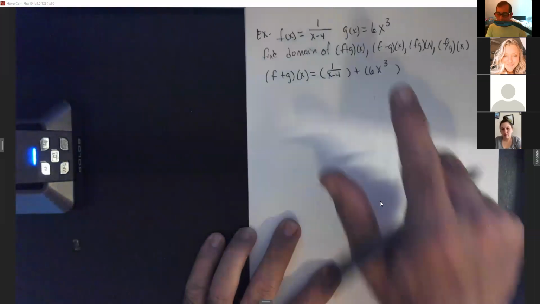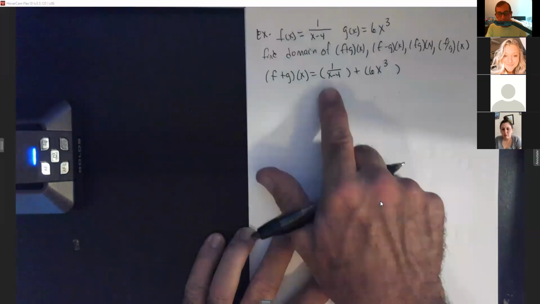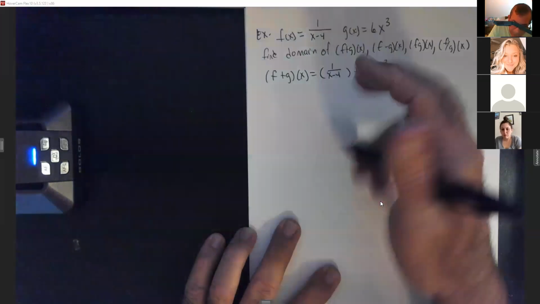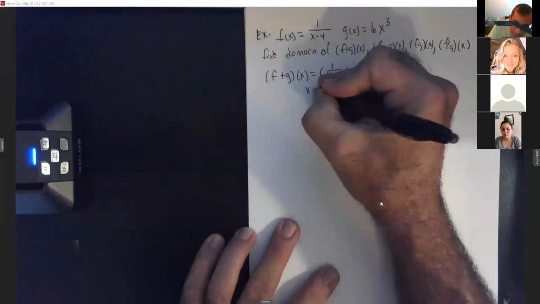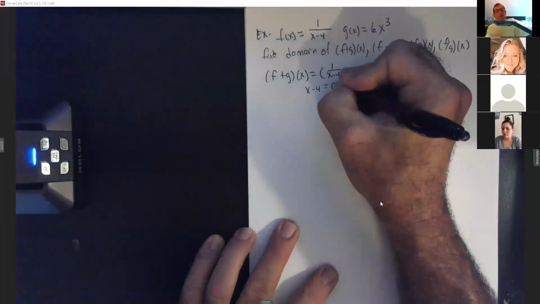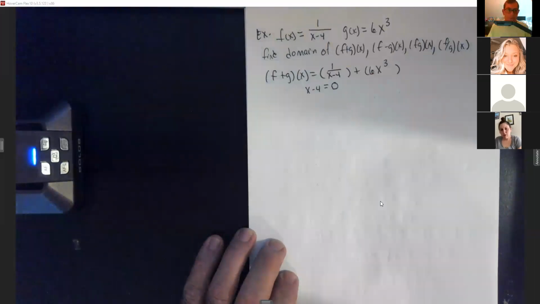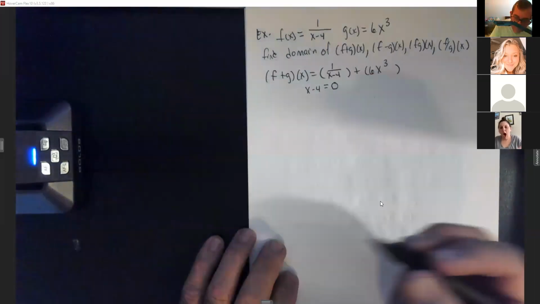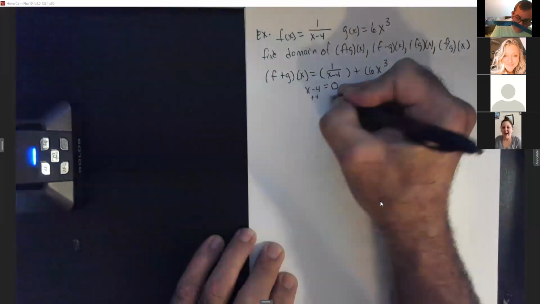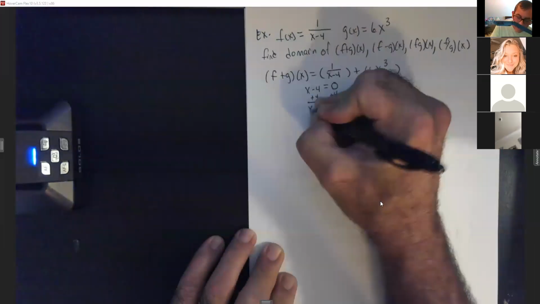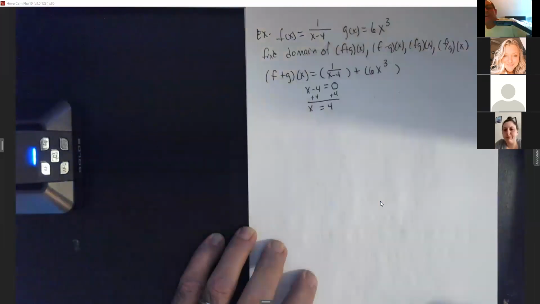So to find my domain, I got to take the part that was a fraction and take that x minus 4 and set that equal to 0. Now, since that's the only fraction, once I solve this, I will add 4 to both sides. And I get x equals a positive 4.